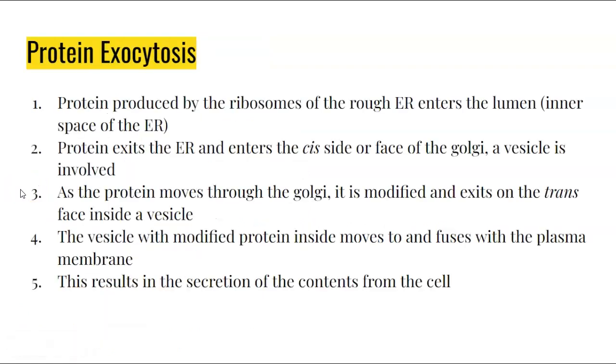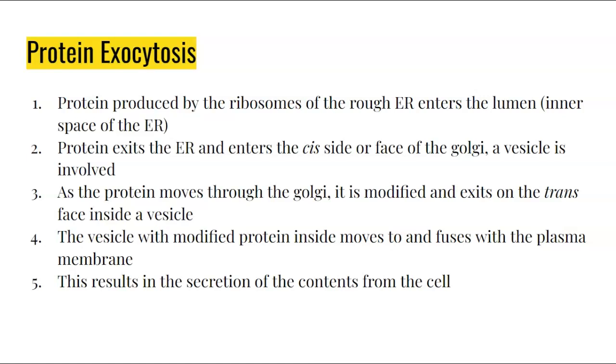Okay. And then the last thing is talking about specifically protein exocytosis. So proteins are produced by the ribosomes of the rough endoplasmic reticulum, and they enter the lumen, which is just the inner space of the endoplasmic reticulum. When it exits the endoplasmic reticulum, it enters the cis side of the Golgi, and at this point a vesicle is involved. And as the protein moves through the Golgi and exits on the trans side of the Golgi, it is inside a vesicle.